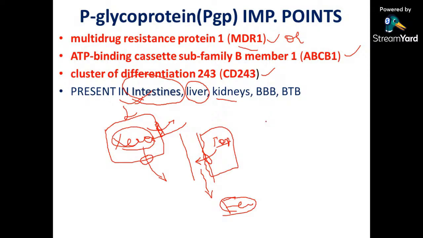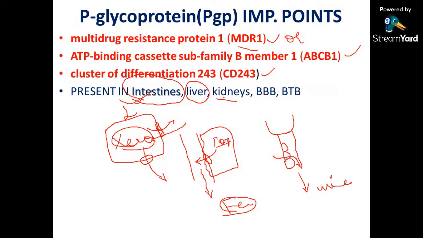In the kidneys, in the nephron, we have the proximal convoluted tubule. On these tubular cells, PGPs are present, which will again efflux the drugs from the tubular cells into the lumen, and through that those toxic components will be excreted in urine.